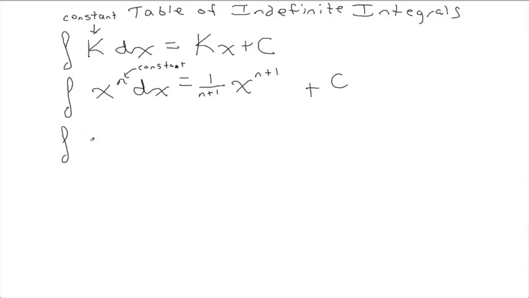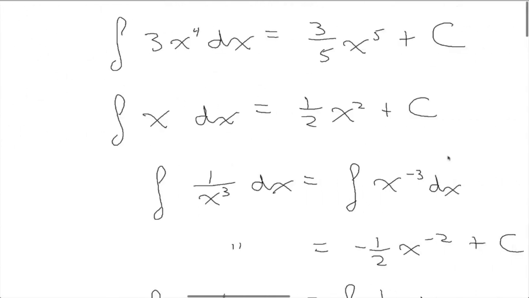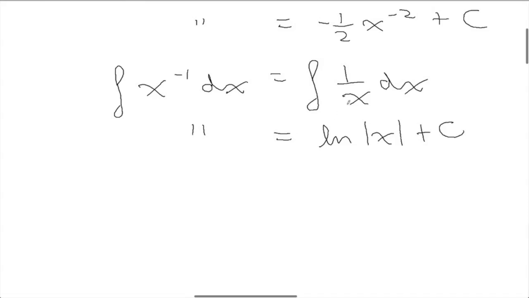Now, one thing you did that is maybe not necessary. Maybe we can just remember it like this. So what does this come out to be? The natural log of the absolute value of x plus c. Good. So my point is, maybe there's no need to rewrite this as 1 over x.